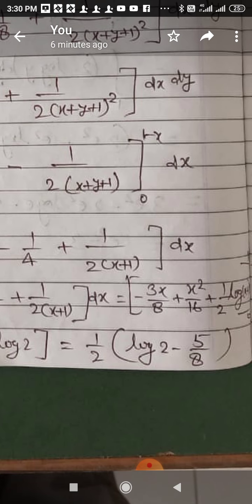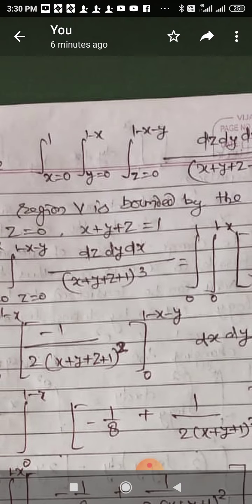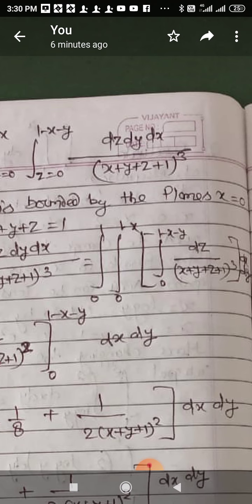So this is the solution of the triple integral. Here the limit of every variable is given. First of all, it is integrated with respect to z. Then after integration, put the upper limit minus the lower limit, then solve. After solving, you get some expression.